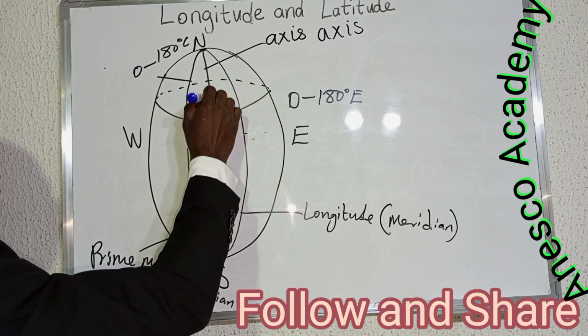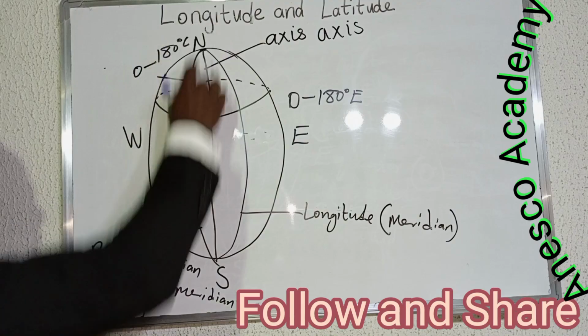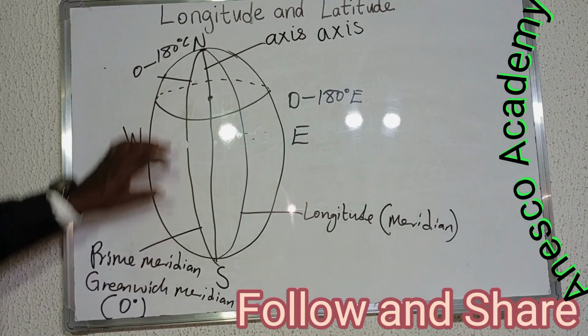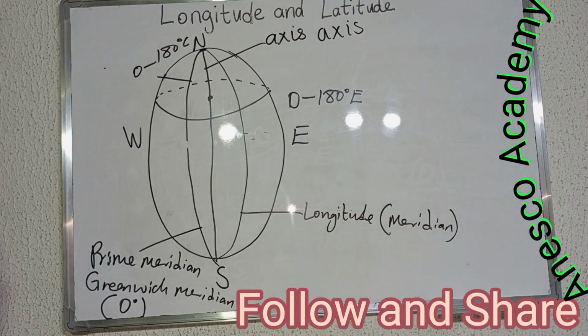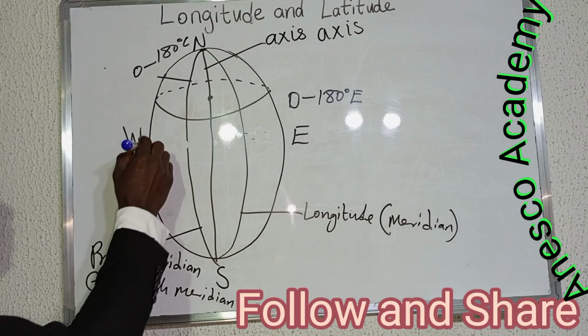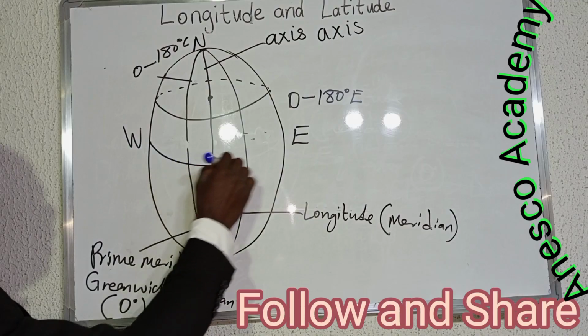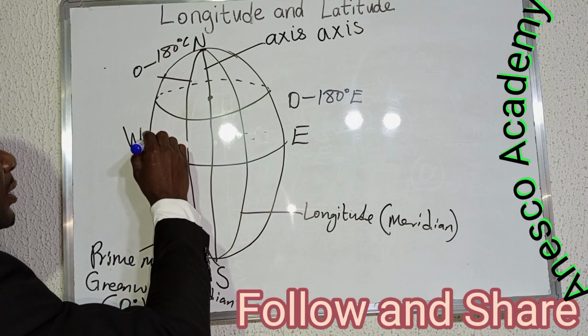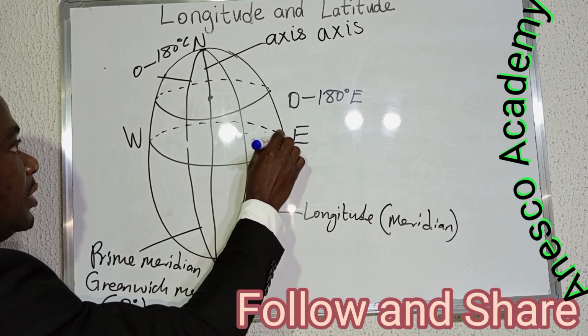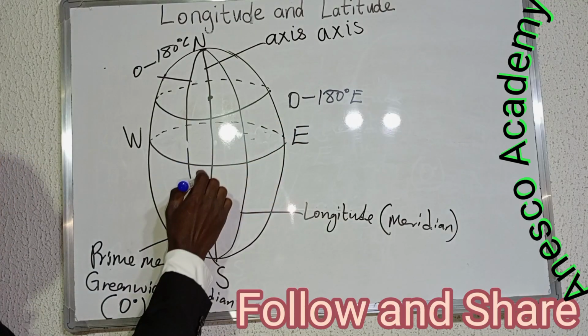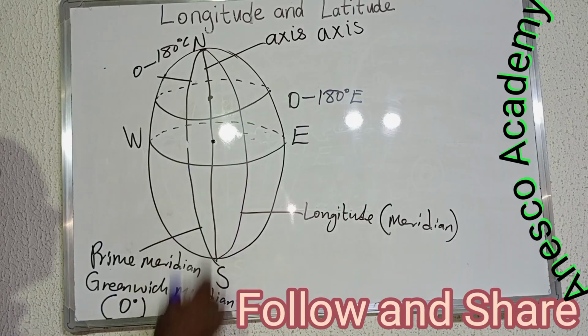You notice that the center of this circle is along this axis. So this is what? A latitude. There is a particular latitude that has its center the same as the center of the Earth.